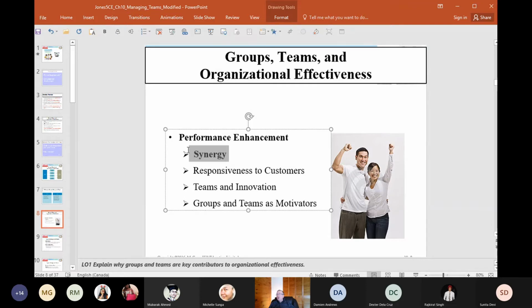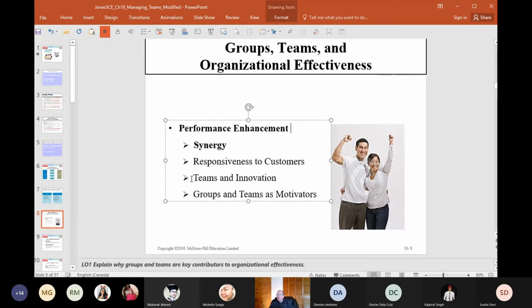In other words, I would say synergy means that 1 + 1 = 3. So you have some benefits from the interaction between the members of the team that cannot be accomplished when people are working alone, right? So that's the major element of a team, the reason we have teams.